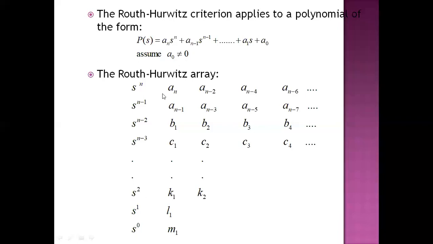Next, fill up the first two rows of the Routh array. The first coefficient, of the highest order s power n, is an.